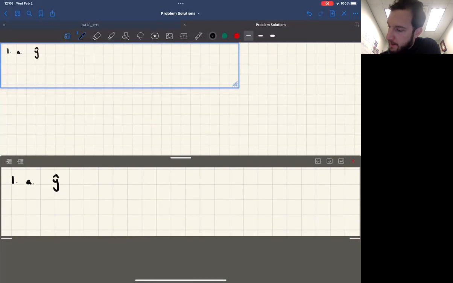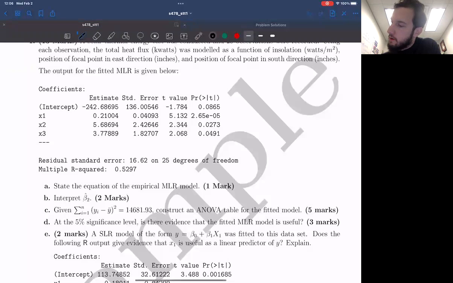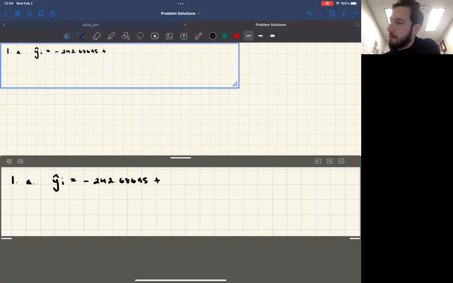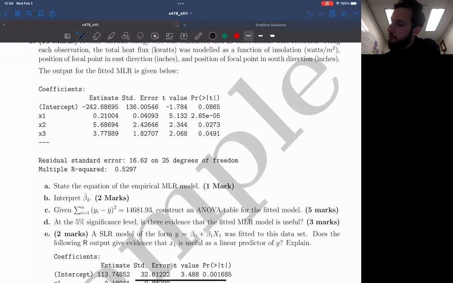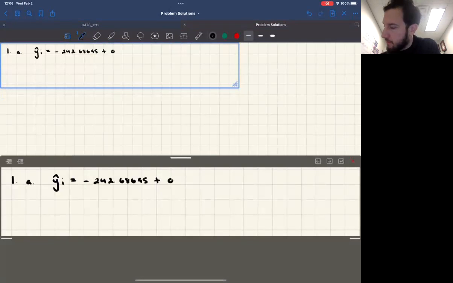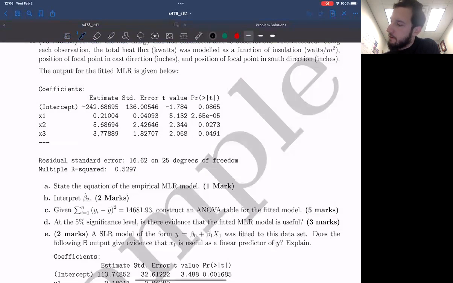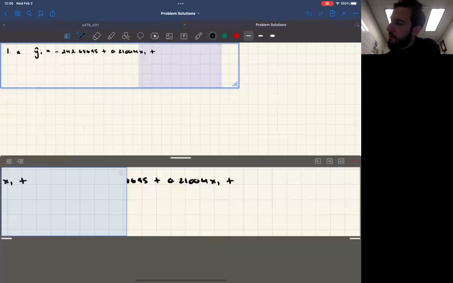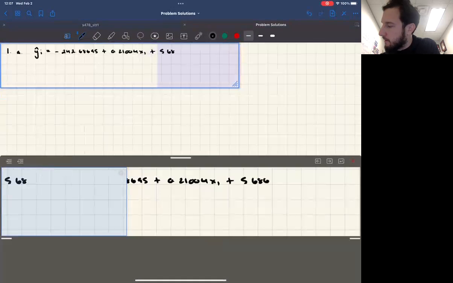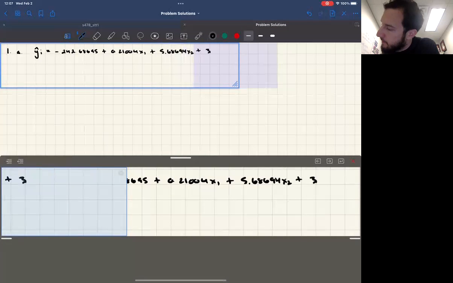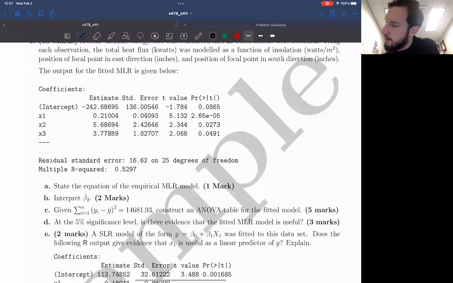We're going to have y hat i equal to negative 242.68695 plus 0.21004 x1 plus 5.68694 x2 plus 3.778899 x3.